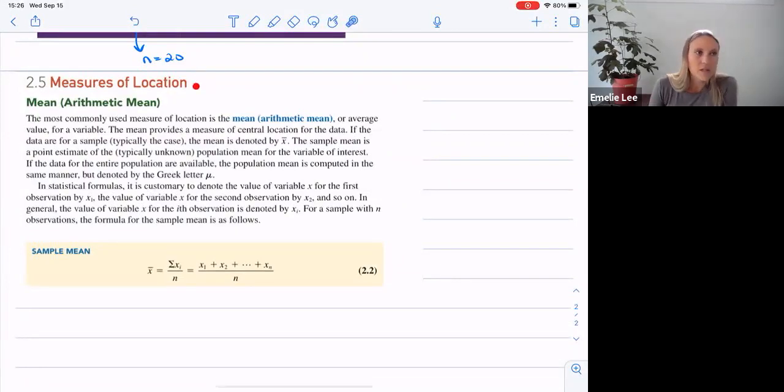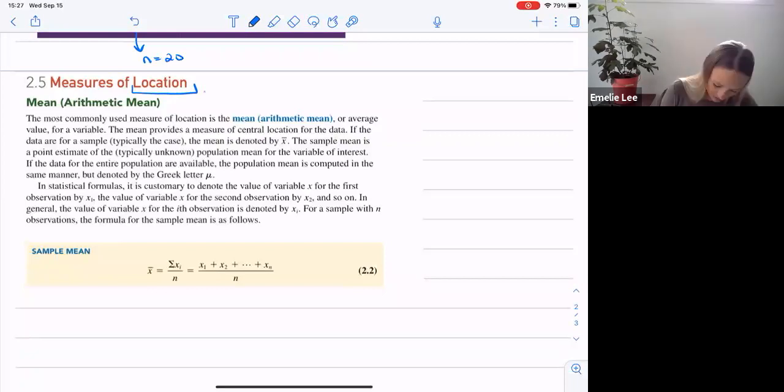Okay. So when it says measures of location, location in terms of where is most of the data located, right? And so I want to put that here because that wasn't obvious to me. I would probably say measures of center, right?